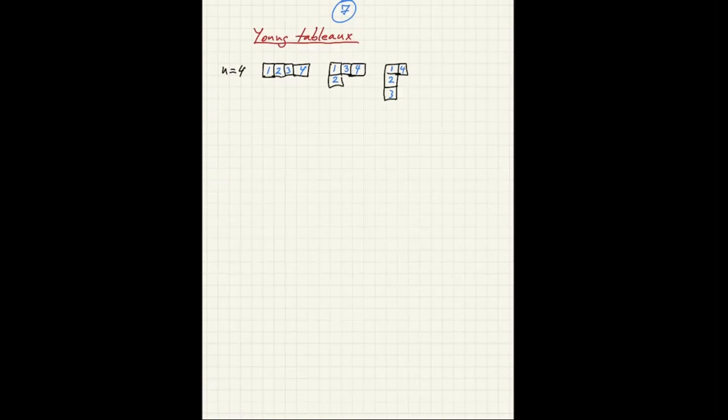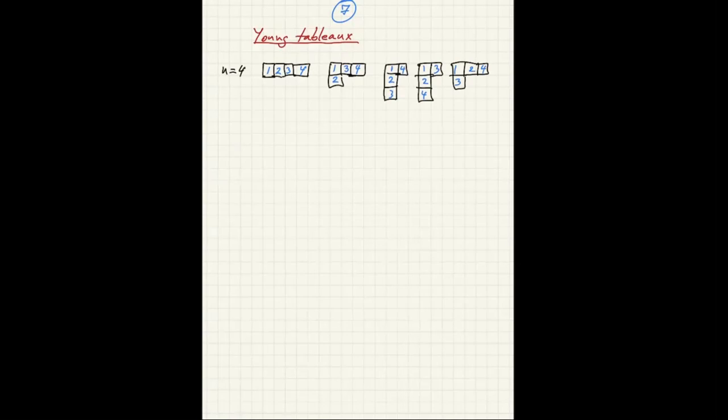Let's give you the same shape, and do a 1, 2, 4, and a 3 here.